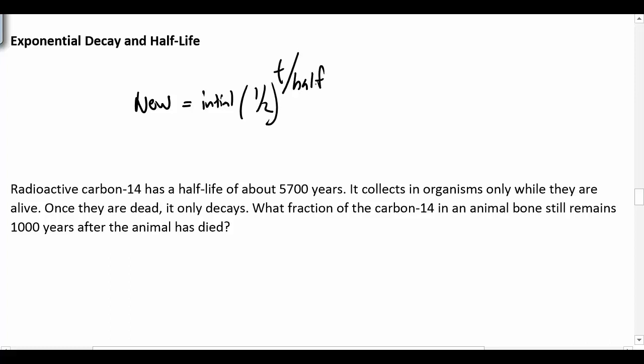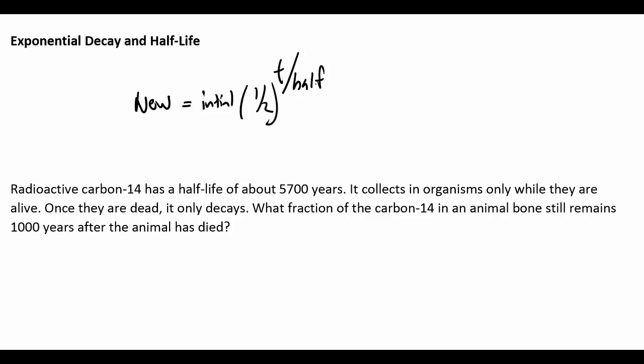That half-time is a number that they'll tell us in a problem; for example, it takes 50 years to get half of it. So for example, radioactive carbon-14 has a half-life of 5,700 years. It collects in organisms only while they are alive. Once they are dead, it decays. What fraction of carbon-14 still remains 1,000 years after the animal has died?